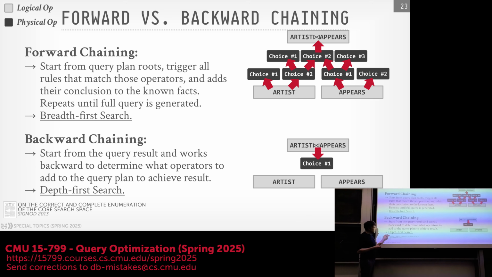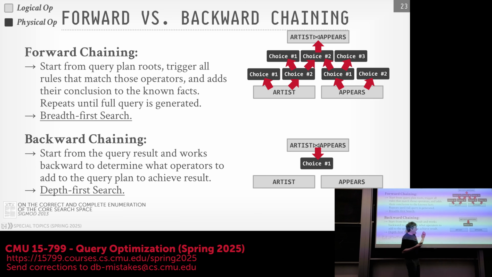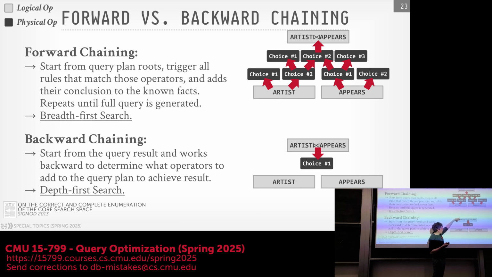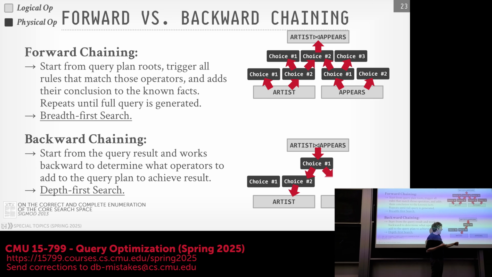In backward chaining, the idea is, again, you start at the root. I want my answer to be the output of a query that has artists joined with appears. So I first go down one level below and say at the very beginning, I just have one choice. I know a transformation from this logical operator, I can produce one physical operator. And then within that branch of that physical operator, I can get down to say, okay, what's the best way to access artist?